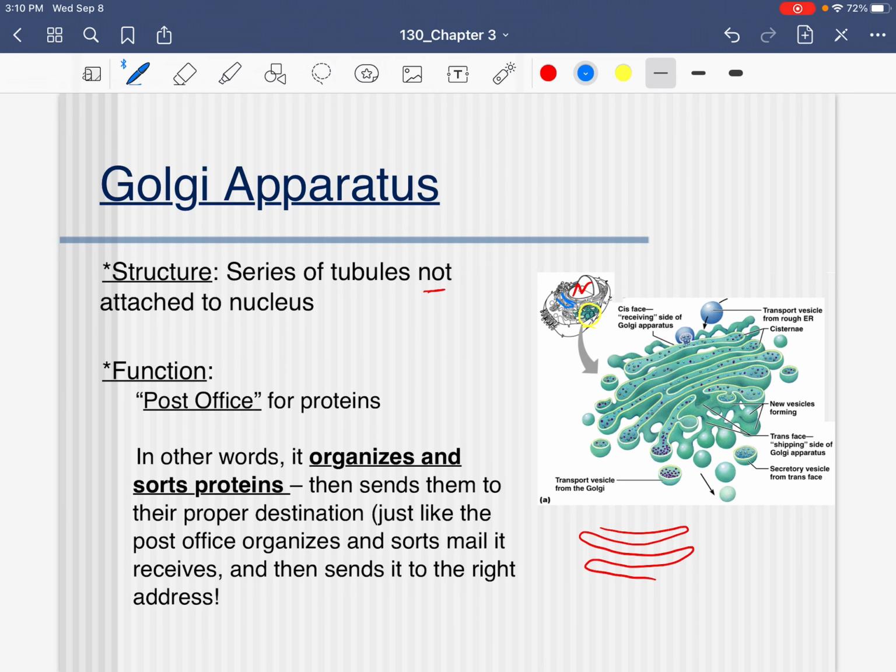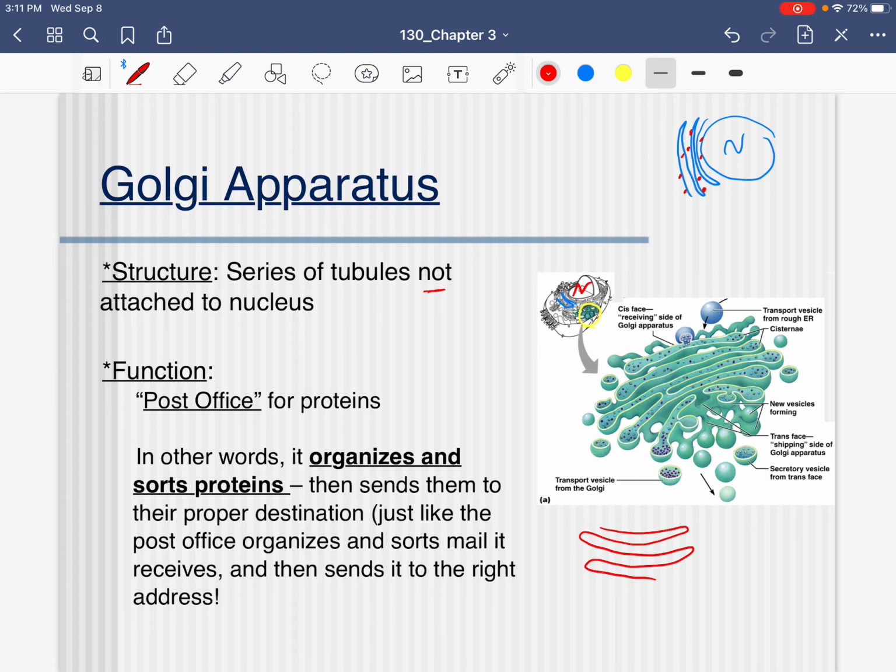What's going to happen? And we're going to go through this again, so you don't need to get it all down now. We have the nucleus. And around the nucleus, we have the endoplasmic reticulum. And of course, in the rough ER, we have these ribosomes.